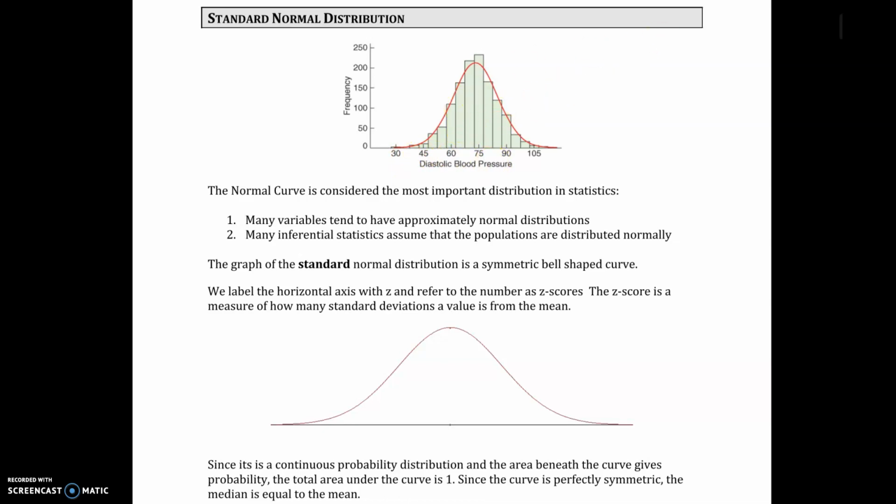And it tends to be that many variables that we measure have a bell-shaped distribution where we have in the middle the mean, and then the values disperse around it, okay? And it turns out that most of the values are within 3 standard deviations below the mean and 3 standard deviations above the mean, okay?